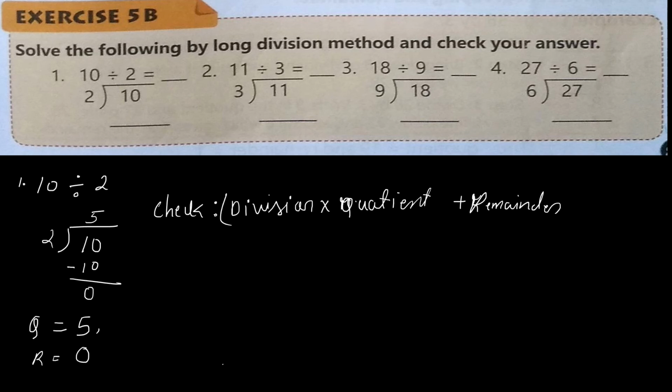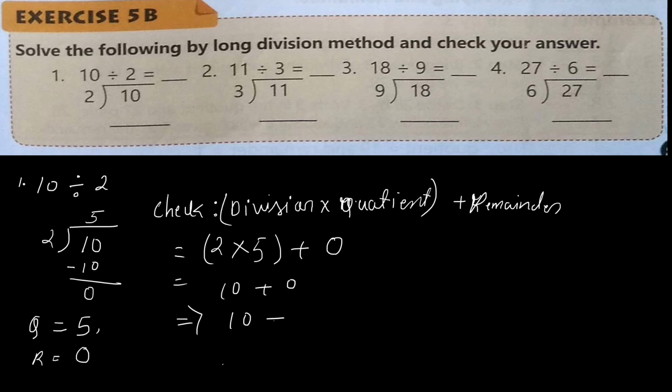What is your divisor? Divisor is 2, multiplied by your quotient, which is 5, plus your remainder, which is 0. So 2 5s are 10, plus 0 is equal to 10, which is the dividend. So here also the dividend is equal. So our division is correct.